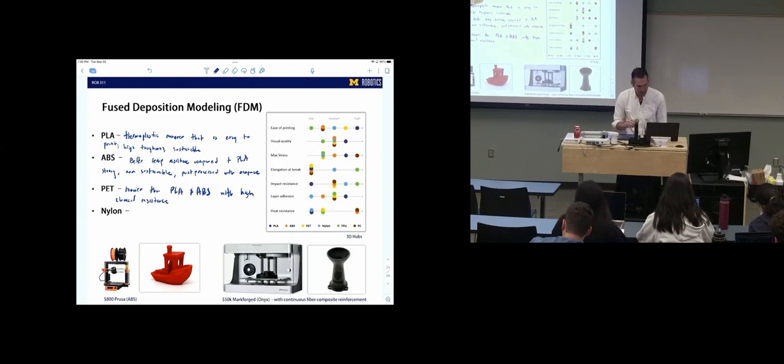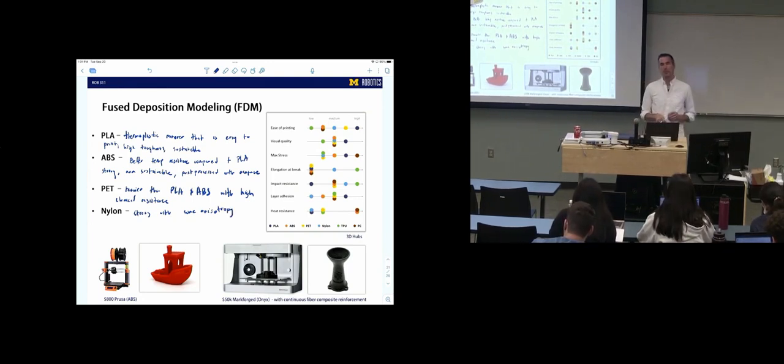And then the other is nylon. So strong, some, again, isotropy, what does isotropy mean? Anybody know? It's like the quality relating to direction.